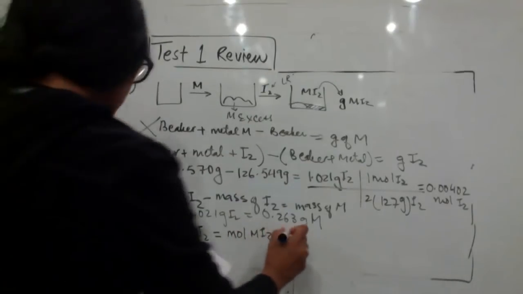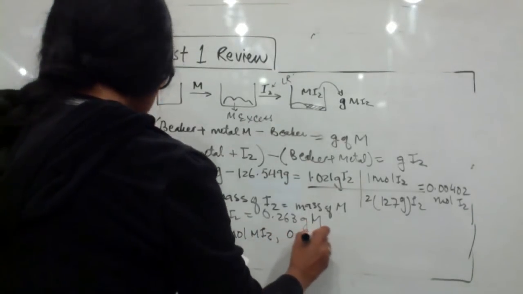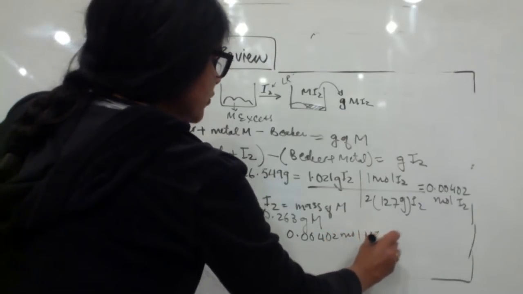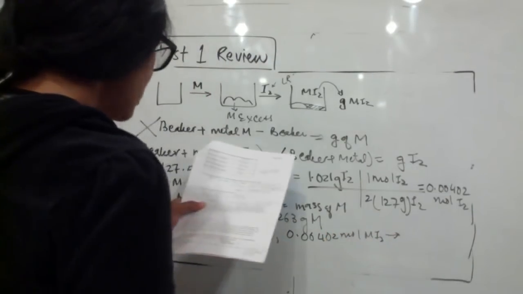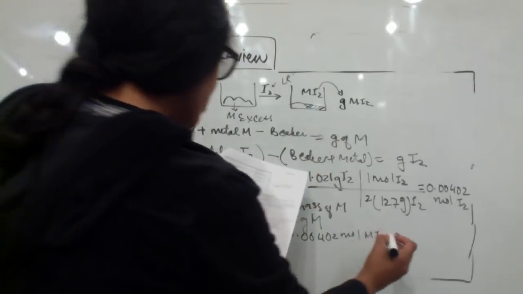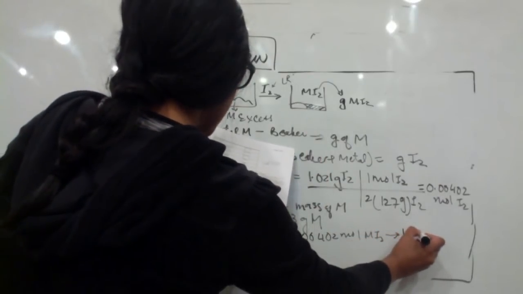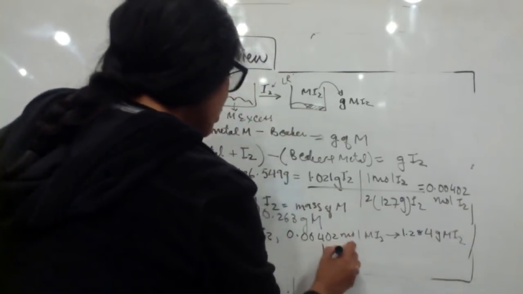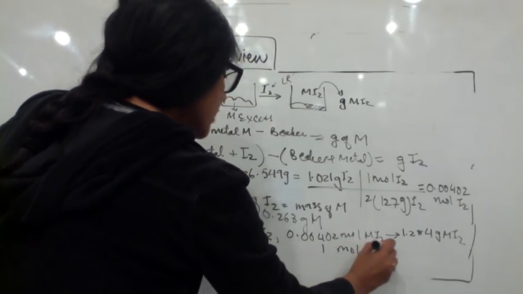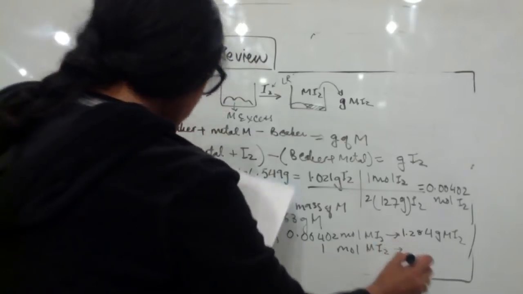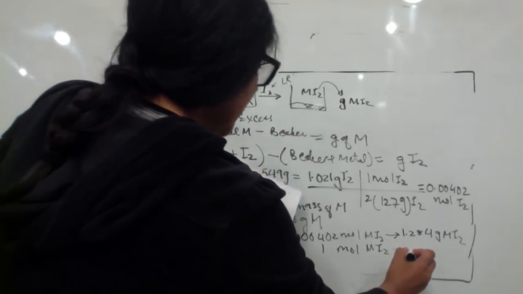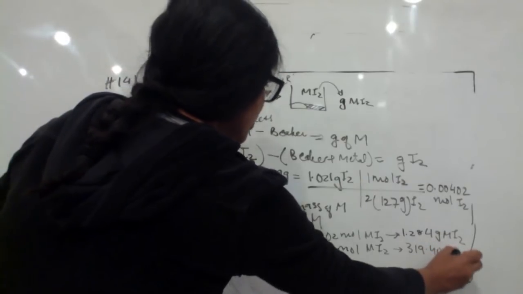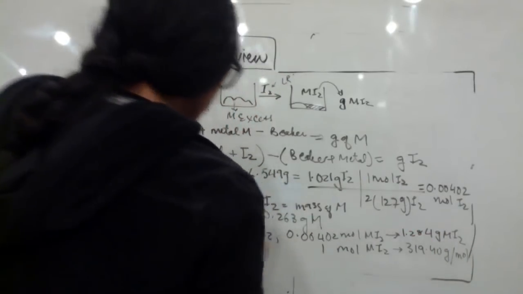So we know that 0.00402 moles of MI2 weigh how much? We know the mass of MI2, 1.284 grams. So 1 mole of MI2 will weigh 319.40 grams per mole. This is the molar mass of MI2.